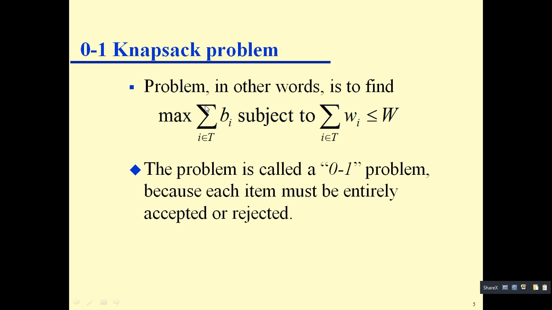Okay, so we have to maximize this cost summation of Bi with the constraint that the summation of weights should be less than or equal to the capacity of the knapsack, right? So already told you this problem is called the 0-1 problem because each item must be entirely accepted or rejected. Okay, partially it cannot be put in the knapsack, right?